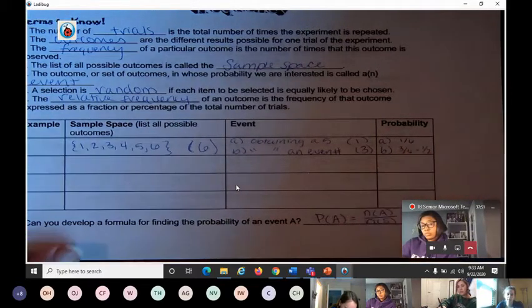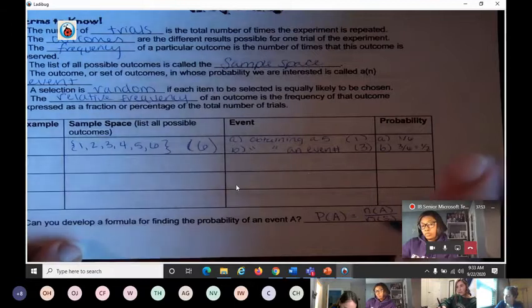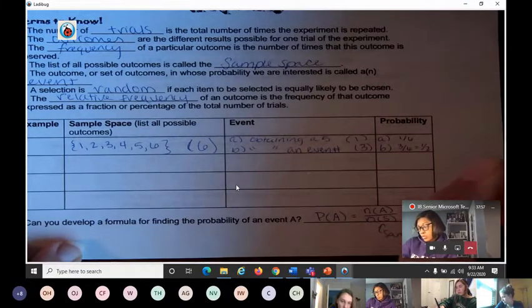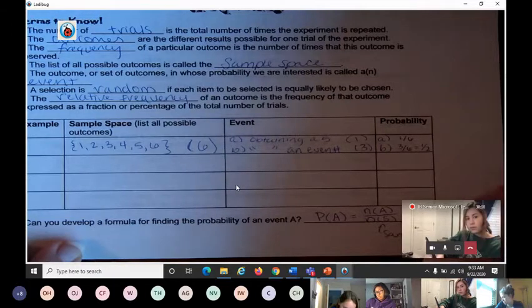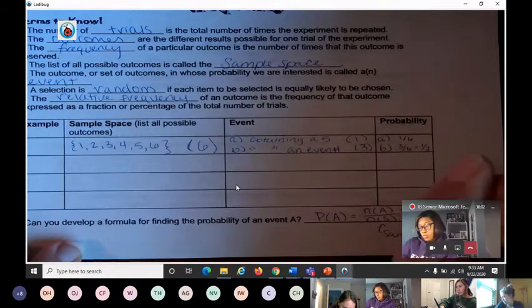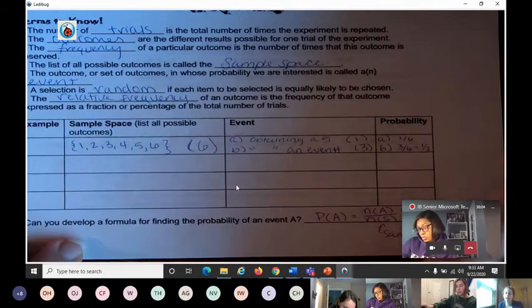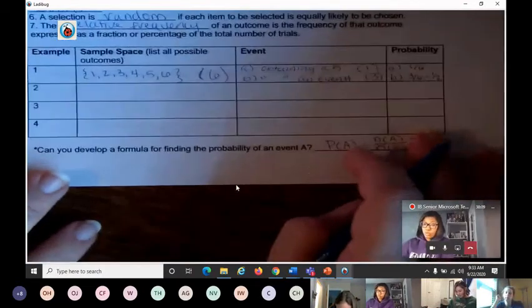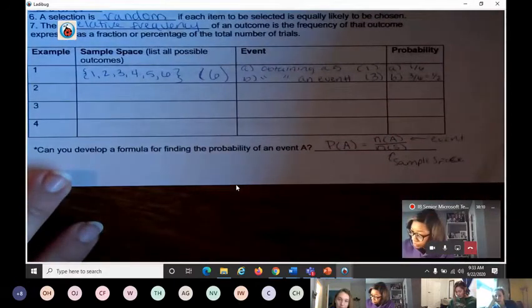I think that's how we notate it. So this is our sample space, and this is our event. And the n just means the number of times we can get that event, and then over the number of times we can get the sample space.